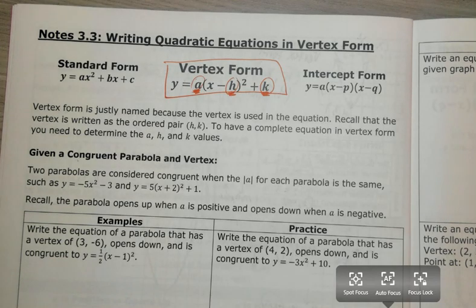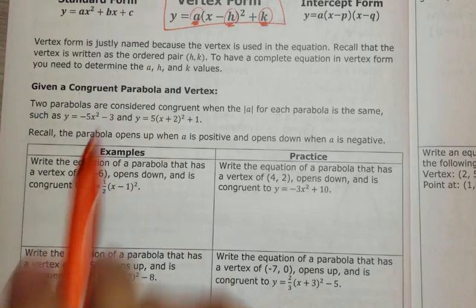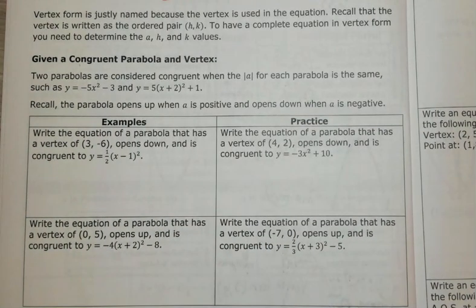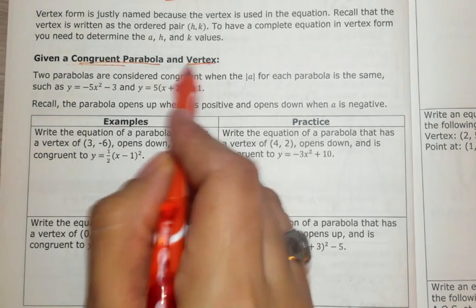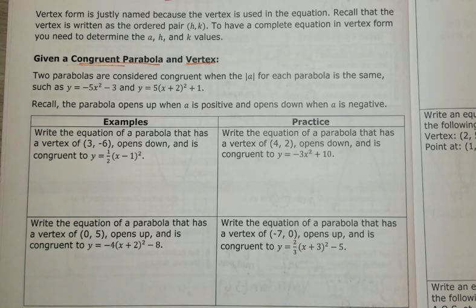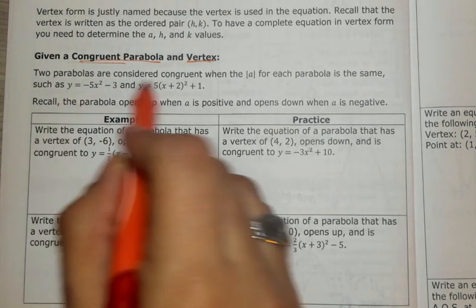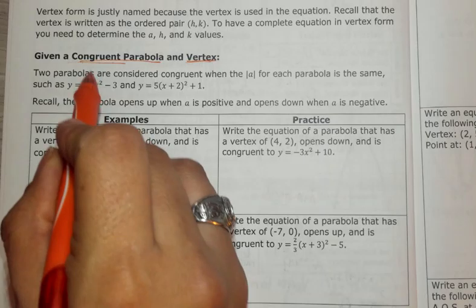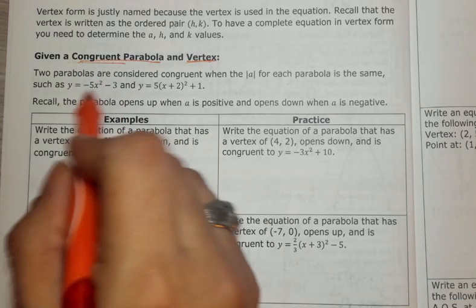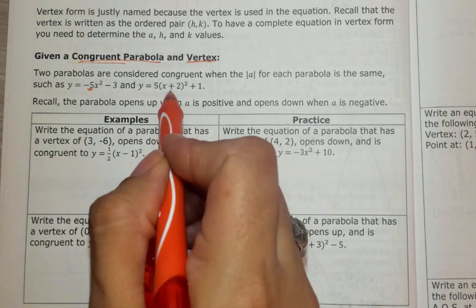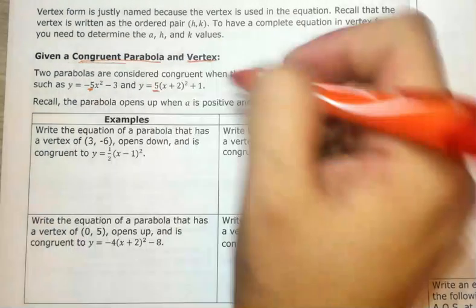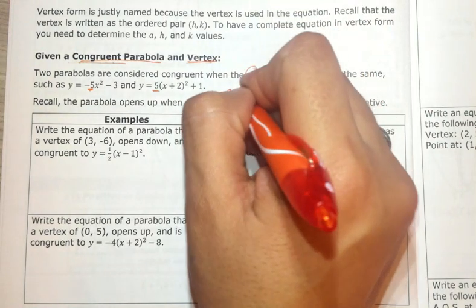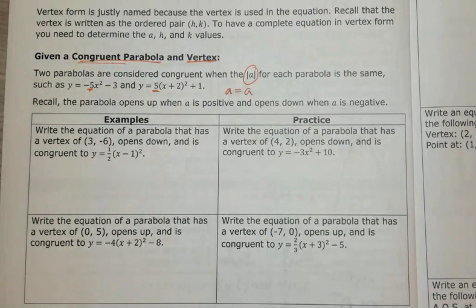For example, these four examples here are practice of, given a congruent parabola and a vertex, write an equation. Here are two parabolas that are congruent. If you noticed, both of them have that 5, so that's an A value, and that A value has to be equal in both equations in order to say they're congruent.